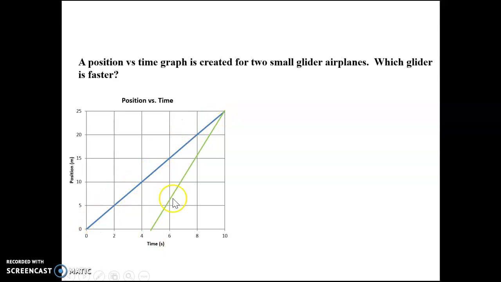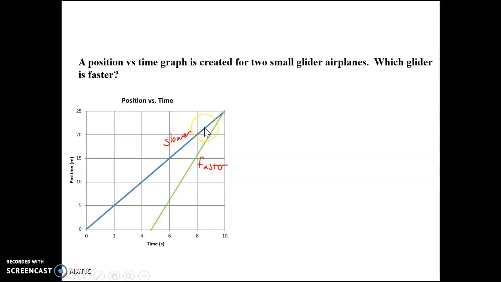We would say that the green glider is faster, and this one's slower, because looking at their slopes, the green one has a greater slope, so it's faster. This one has a more shallow slope, so it would be slower.